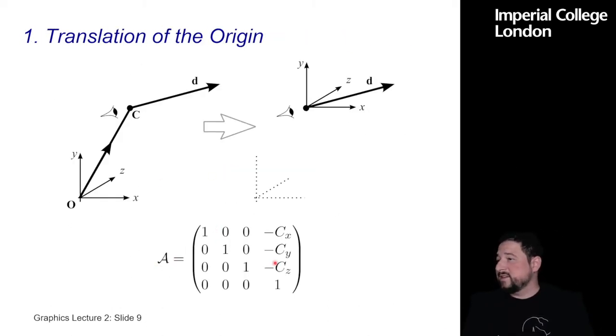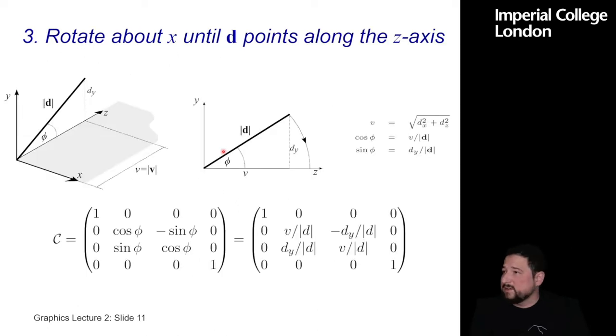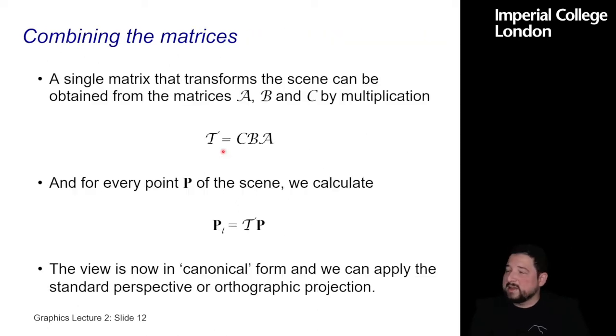So A is my translation matrix, moving the new viewpoint position down to the origin. Then I have B, my rotation around the x-axis, and then a rotation around the y-axis, I think it was. No, first y-axis, then z-axis. Y-axis, z-axis.